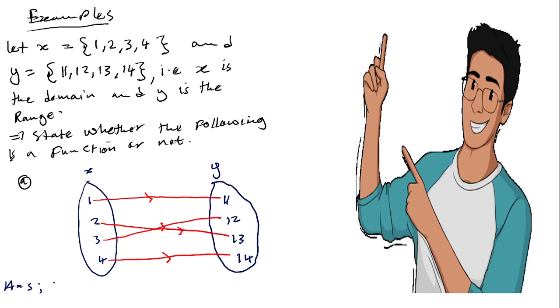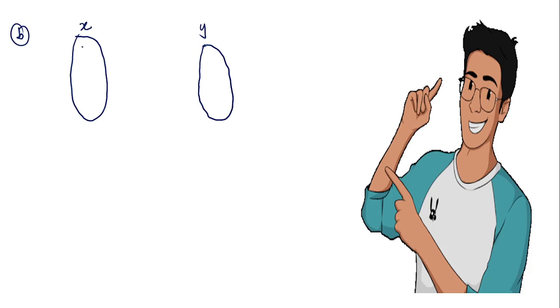Let me move on and look at B. For B, I'm using the same information. This is my X and this is my Y. There I have 1, 2, 3, 4, then 11, 12, 13, 14.